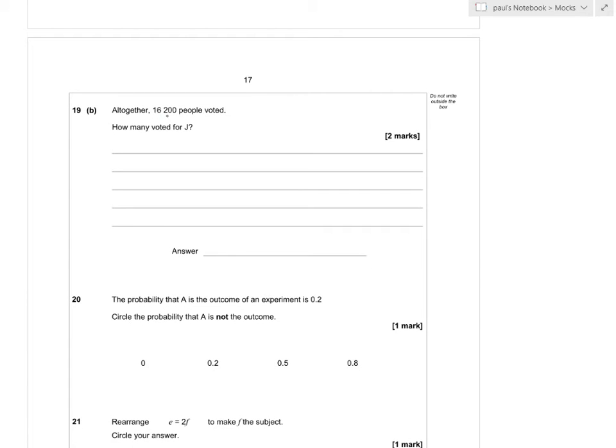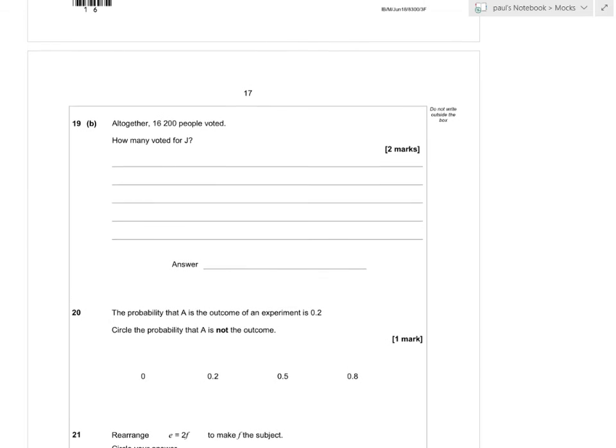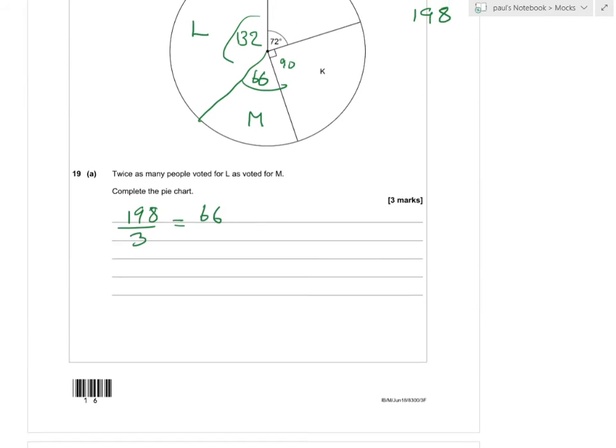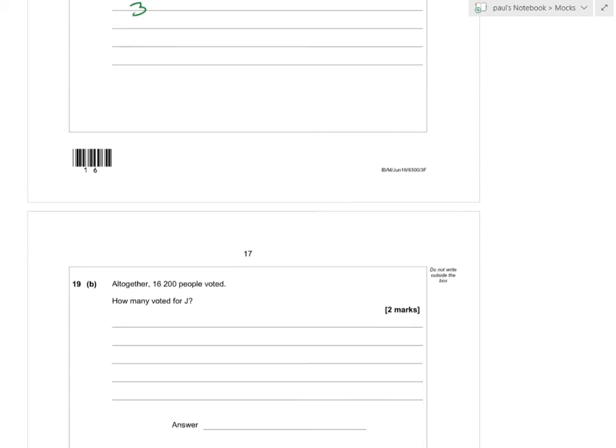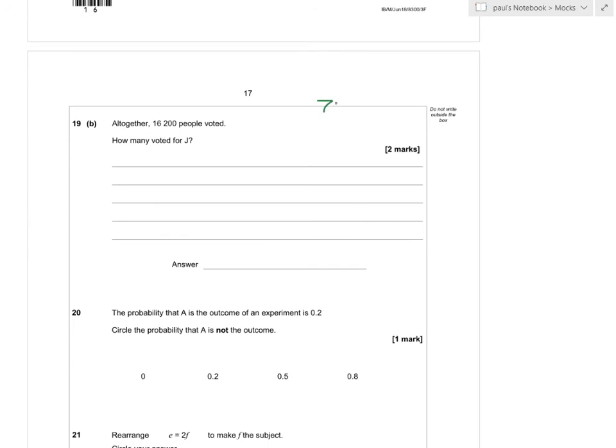Altogether, 16,200 people voted. How many voted for J? Right, J is 72 degrees. Write that down so I don't forget. So you've got 16,200.